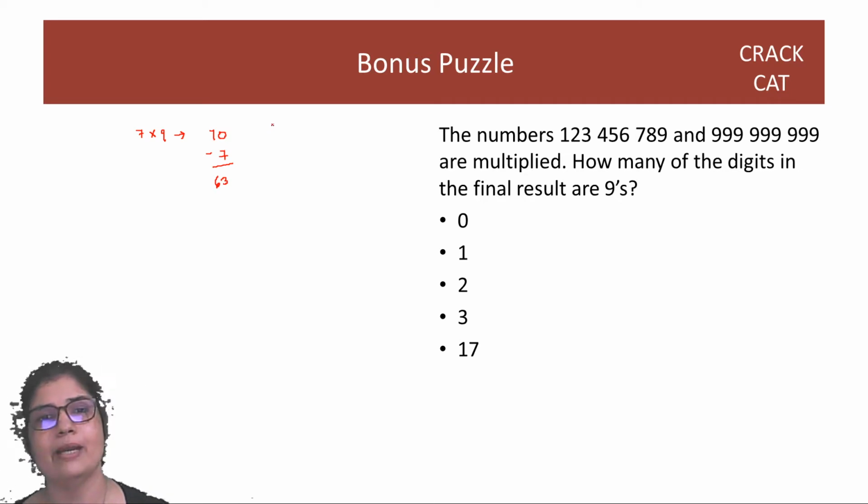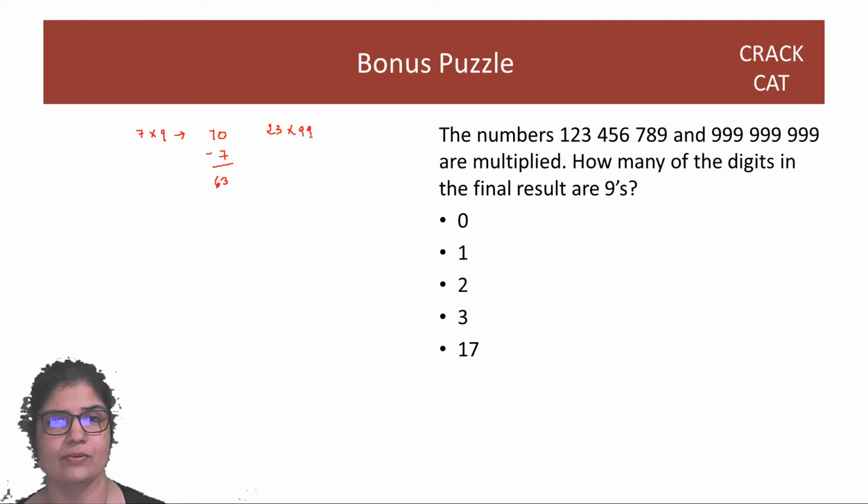If I have to multiply 23 with 99, then I can think of 99 as 100 minus 1, which means I can write 23 followed by two zeros and then subtract 23 from it. So when there is one 9, I have one zero. When there are two 9s, I have two zeros, and then you just subtract the number back from it, right?